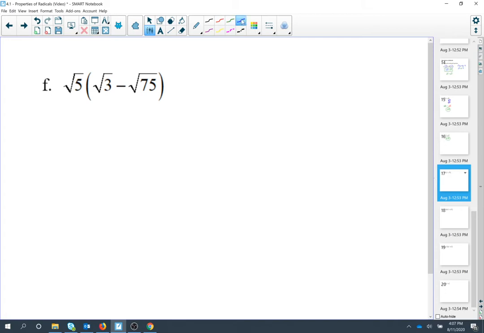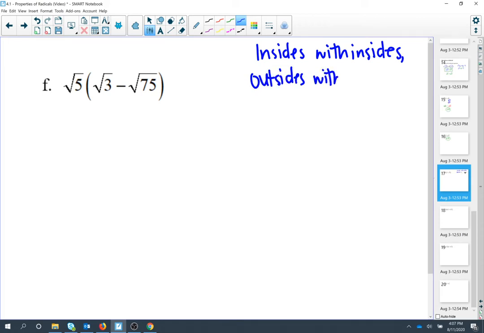First of all, when you are multiplying, you need to keep in mind insides with insides, outsides with outsides.